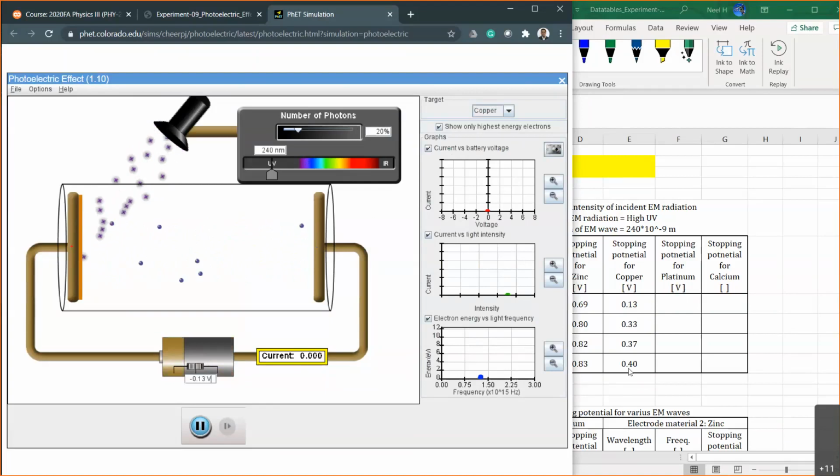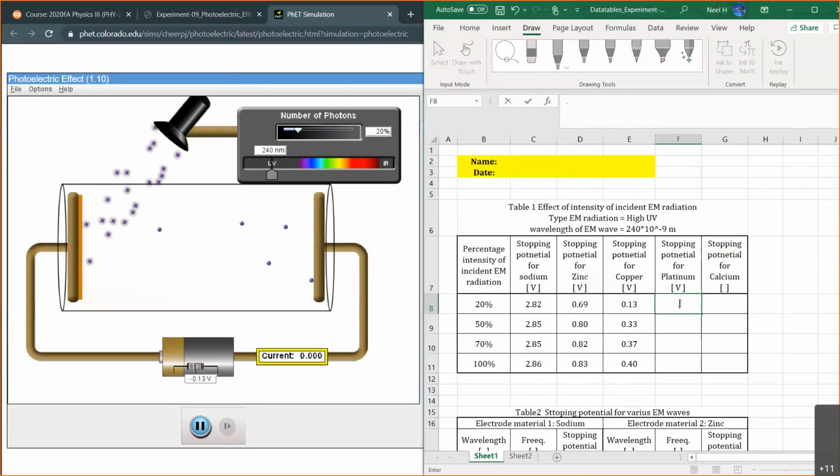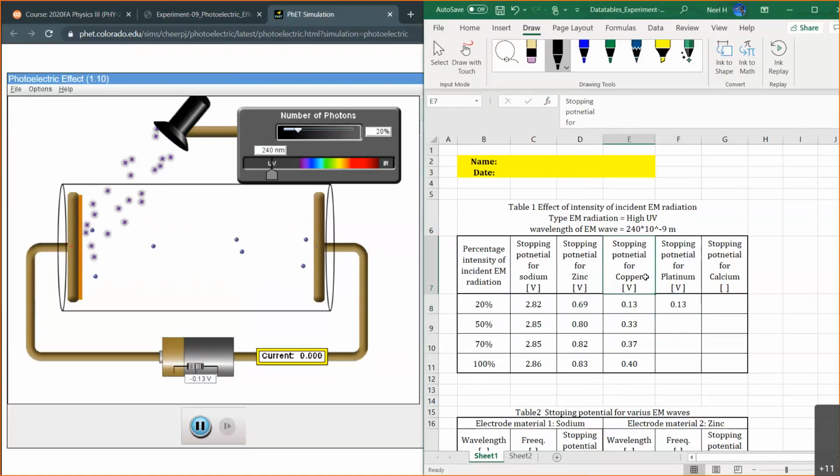Yeah, it's 13. So it behaves exactly the same as the copper, which shows us how these elements behave or differ from each other depending on the intrinsic or atomic nature of those elements. So these two are good metals, but these are not.